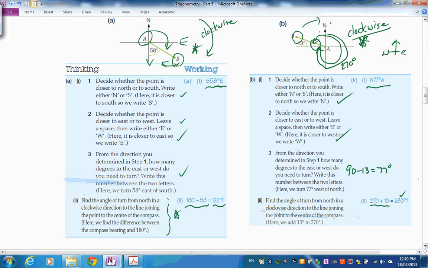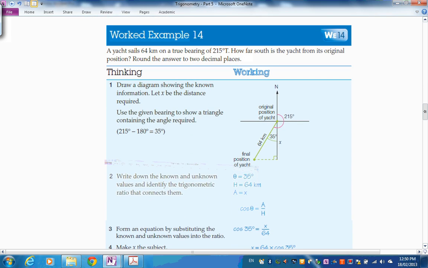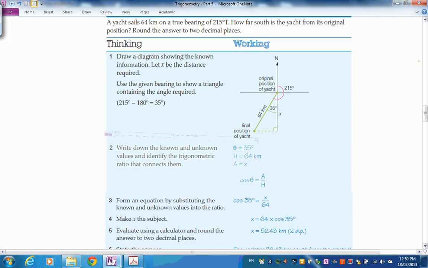By this time, you might be asking, well, how would I measure these degrees if I was out there? Well, there's such a thing as a compass. It's housed in a little box like this with a glass cover, and the spindle here holds a magnetised needle, and because of the Earth's magnetic field, this will point north, and then you can set your number of degrees away from it.